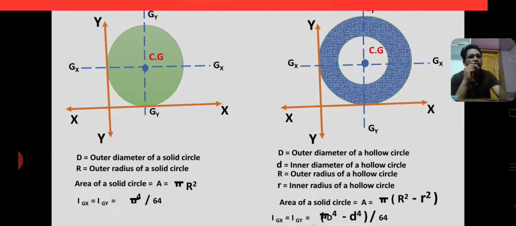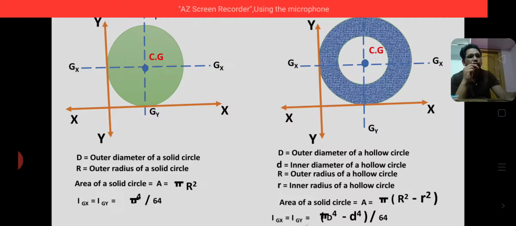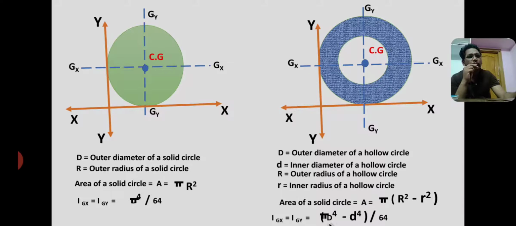Therefore, IGX equals IGY equals pi of D power 4 minus d power 4, divided by 64. That means the moment of inertia of the outer circle minus the moment of inertia of the inner circle.